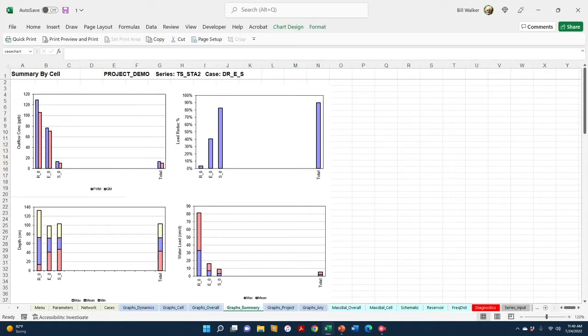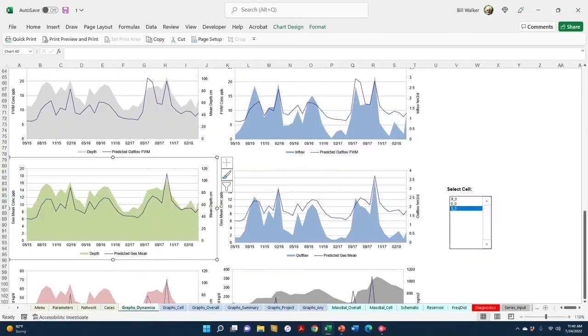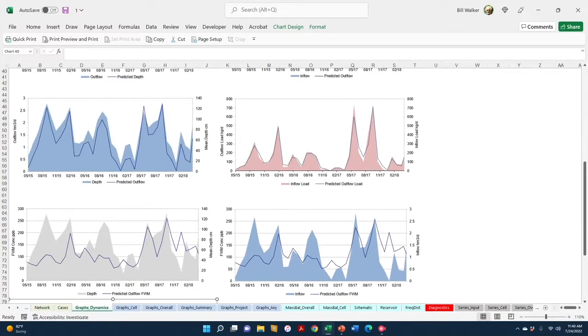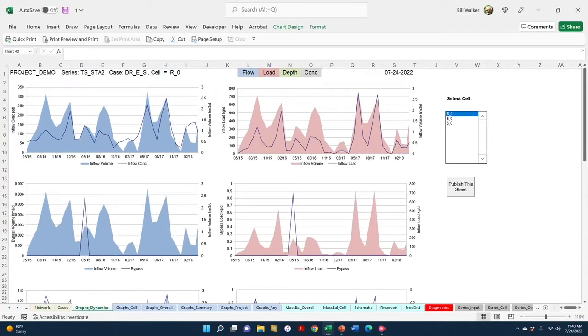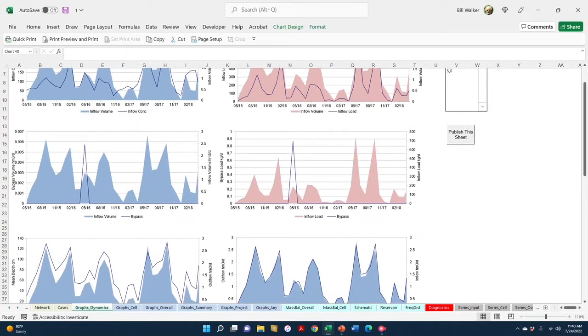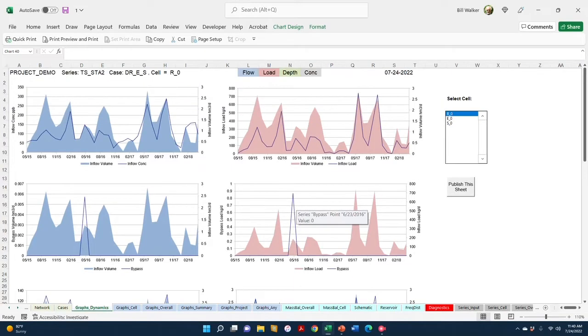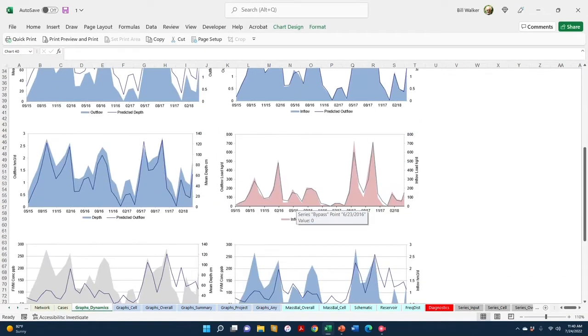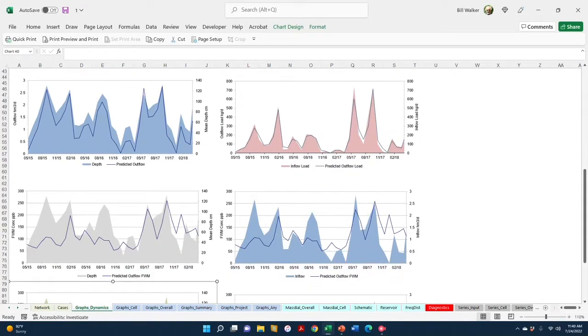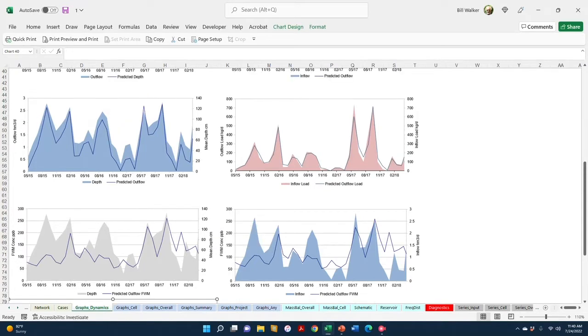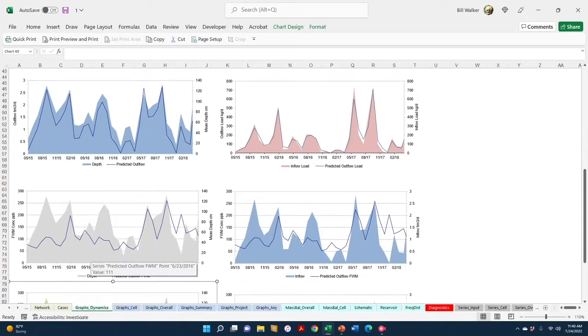So the reservoir is putting out higher concentrations, and the SAV is down to 10. And dynamics here, let's look at the reservoir dynamics. And you can see in this case there was a period of bypass in the simulation, and that should have been triggered when the water depths were higher.